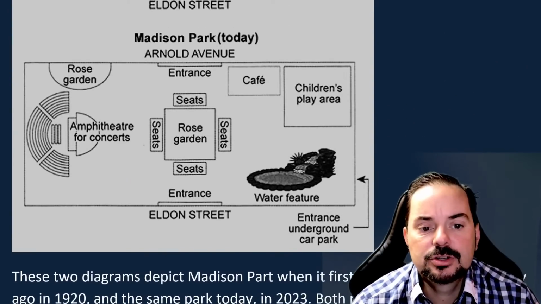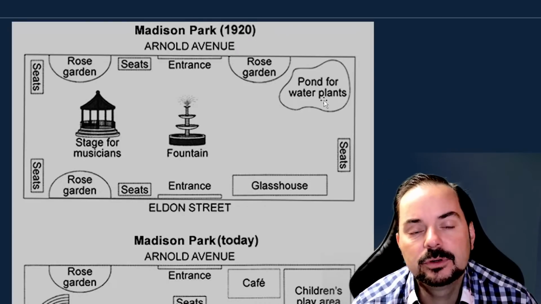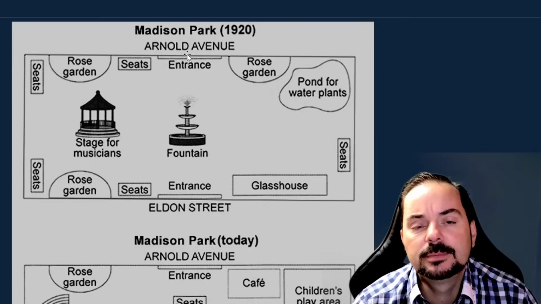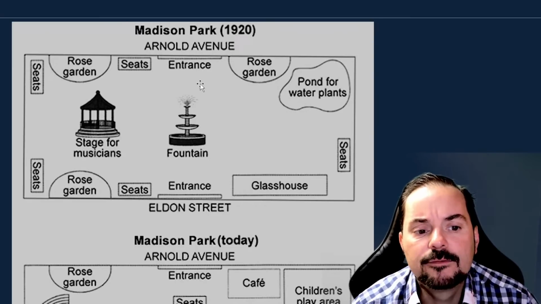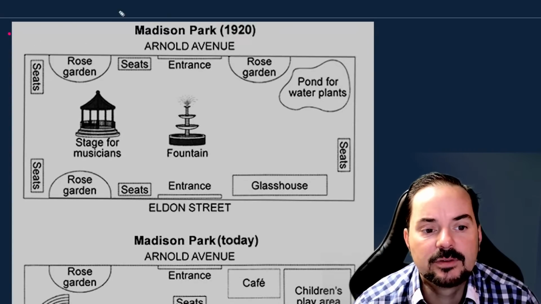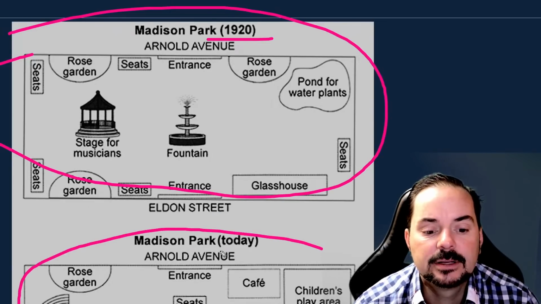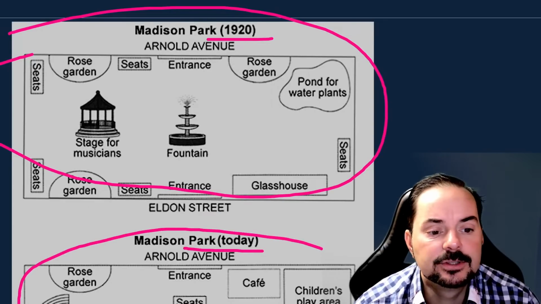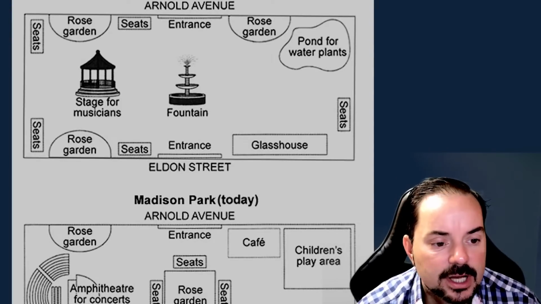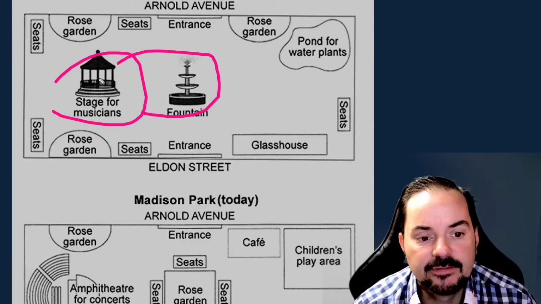so that's my introduction. What am I looking at here, basically, right? And this is kind of leading into the overview, but not really the overview yet. The overview is going to be a little bit more detailed. It's going to be a little bit more structured, okay? So for the introduction, basically, what I'm telling the reader is that, look, we've got two maps here, one in 1920, a century ago, one today in 2023, and just in slightly more detail for the introduction, we've got some musician stage, a fountain here.